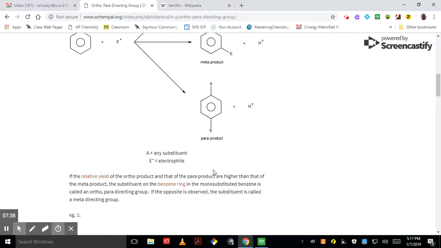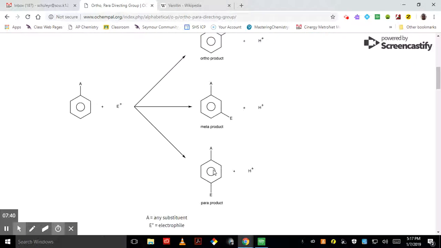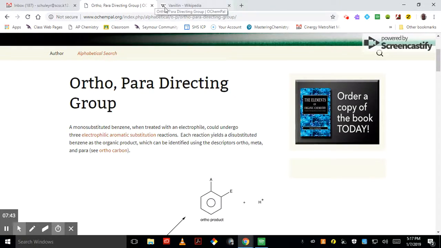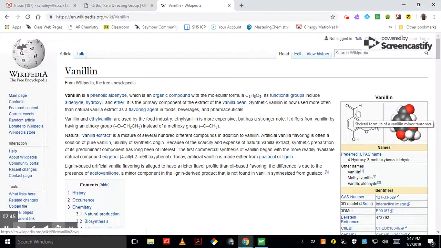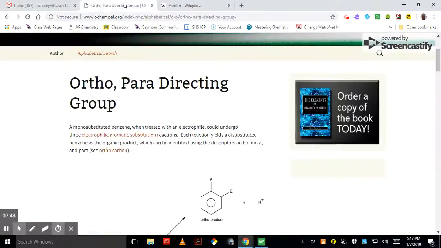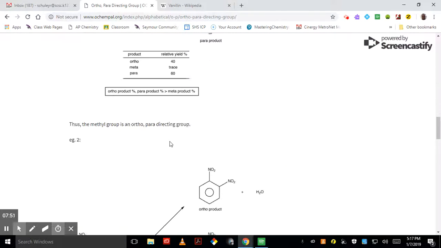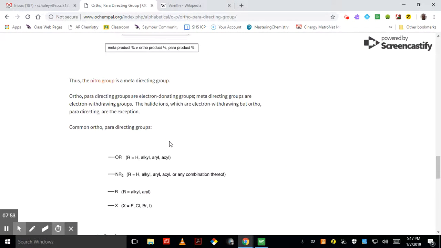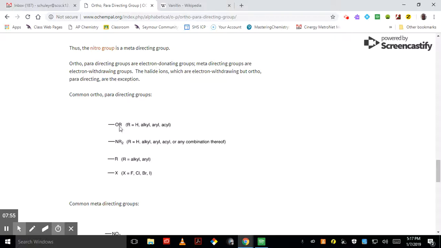So what we're going to do is look at our material, and look at the list of ortho-para directors. Just as an example, if we look at our list, we see that some common ortho-para directing groups are OR, NR2, R, and X. Now, here's something weird.